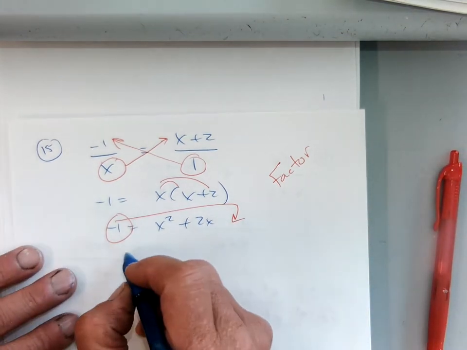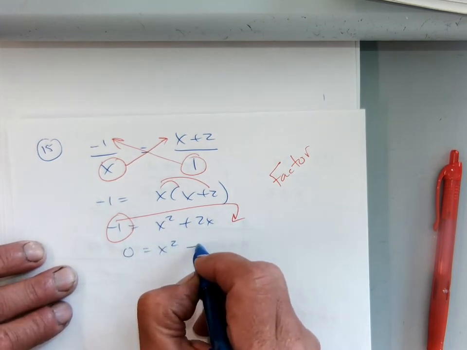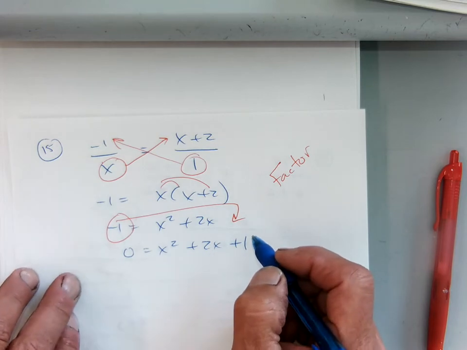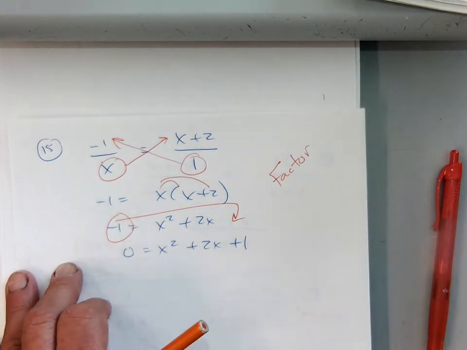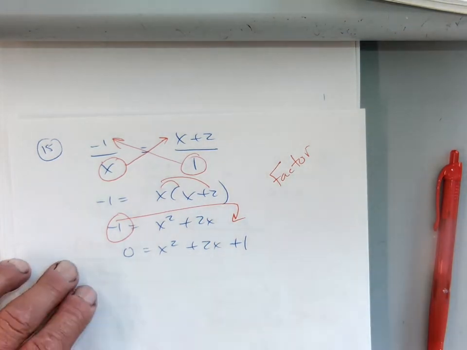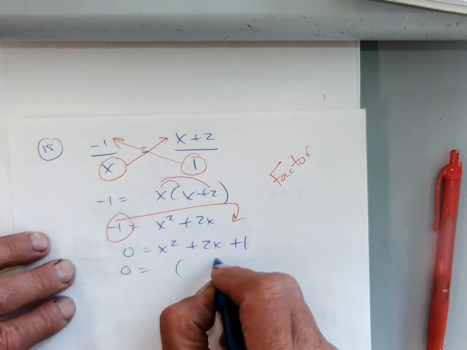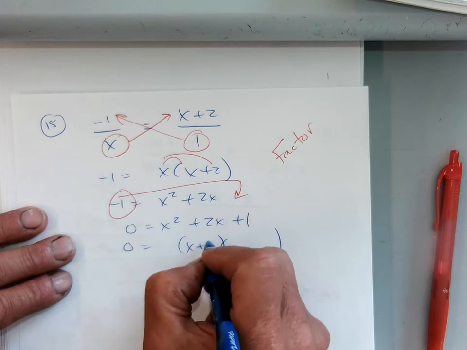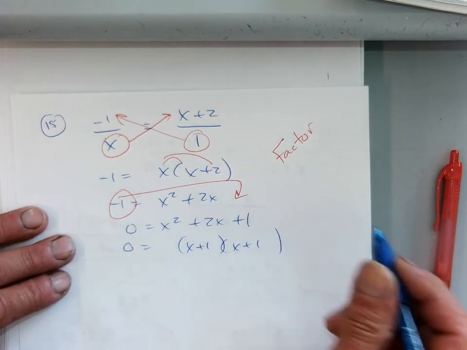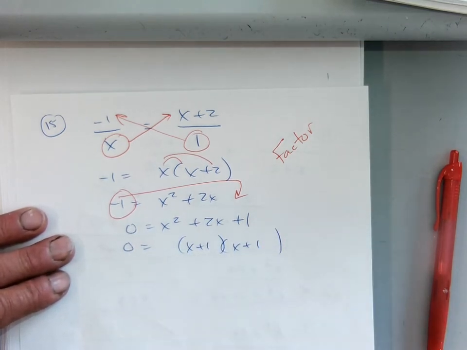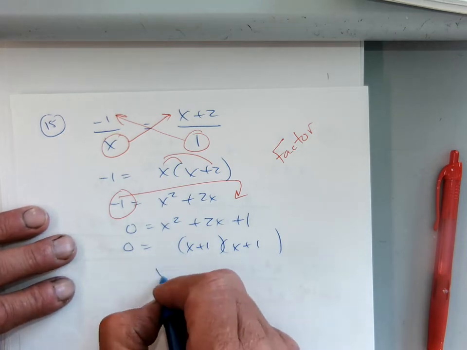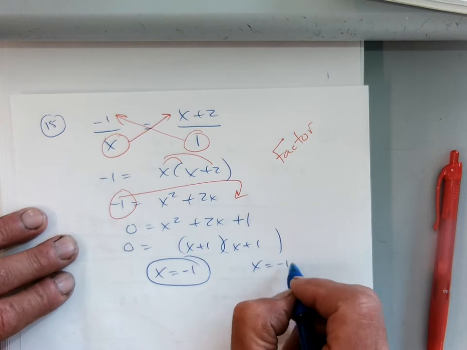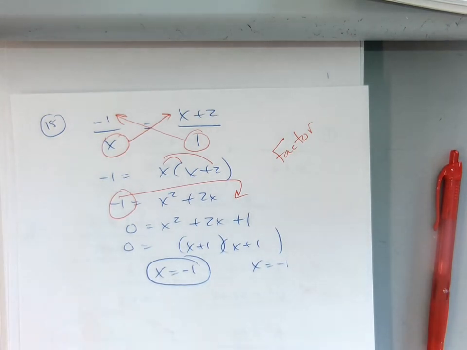So I'll have a 0 equals x squared plus 2x plus 1. That'll factor, won't it? x plus 1, x plus 1. And of course, if I solve that, x equals negative 1 is my answer. Or x equals negative 1 again, but same answer twice, right?